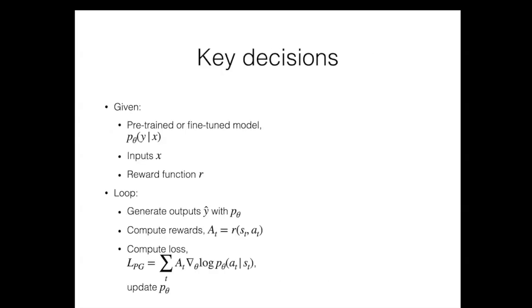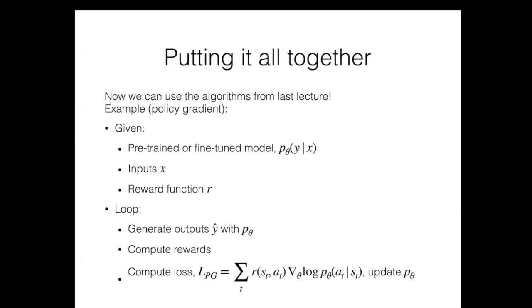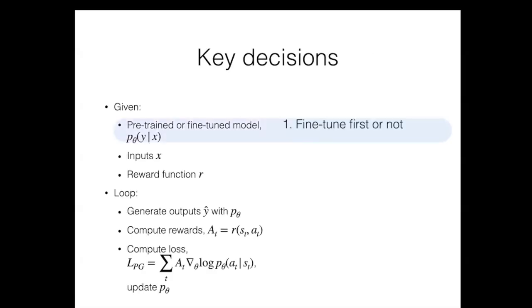Okay, so in some sense, you might be asking, should we just end the lecture here? Because I've just introduced how to do reinforcement learning with language models. You can imagine going off and doing this for an actual application, but you would still have to figure out a few things. First, you'd have to decide: should I fine-tune my language model for the task I'm trying to solve, or should I just use a pre-trained model?